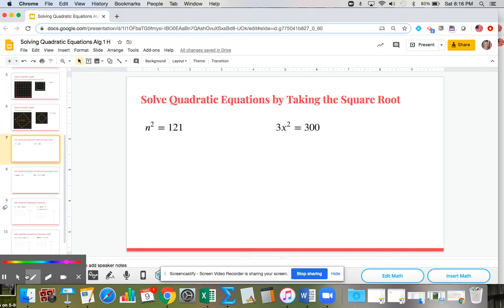So somebody might say, I can do that in my head. I know that 11 squared is 121. And I might say, yeah, but there's another number which when squared also equals 121. And that would be negative 11. And so what I want you to think about is when we isolate the variable and we undo taking the square of a number, it's the square root, and I take the square root of both sides of an equation.